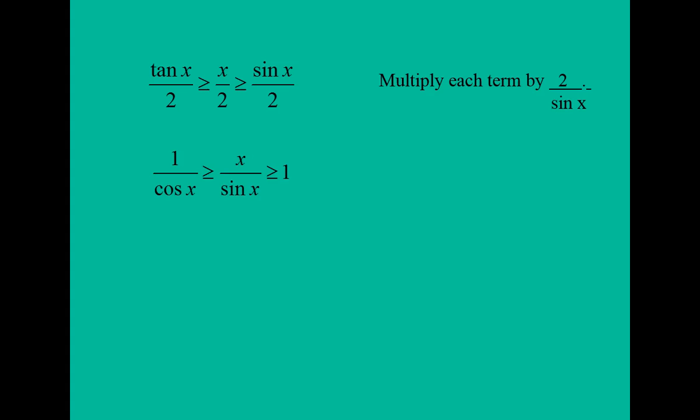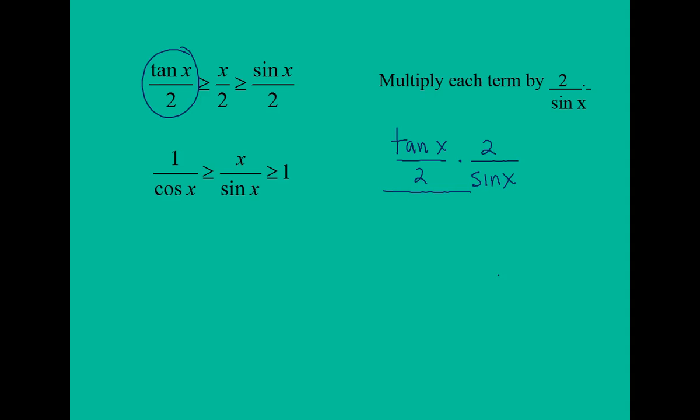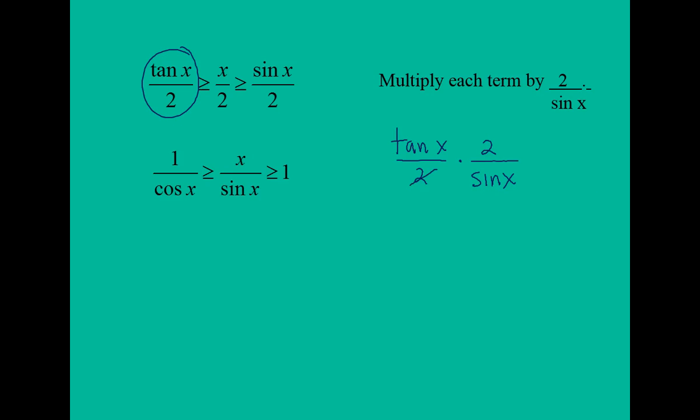If we take the tangent of x divided by 2 and multiply by 2 divided by sine of x, the 2's reduce.